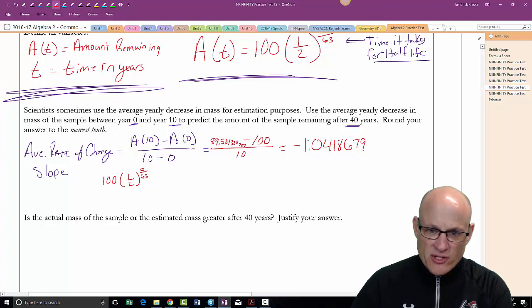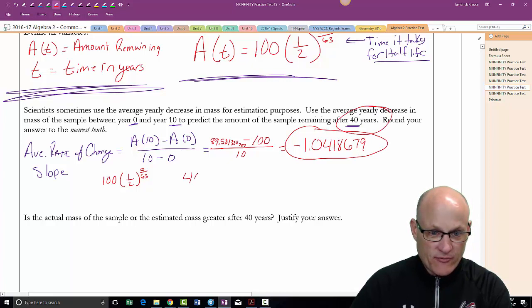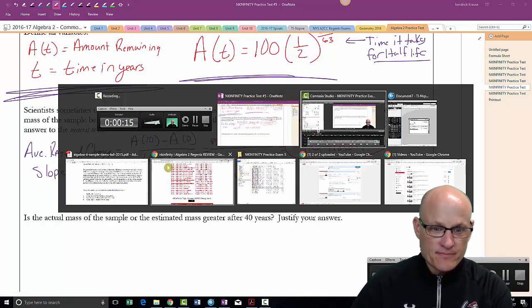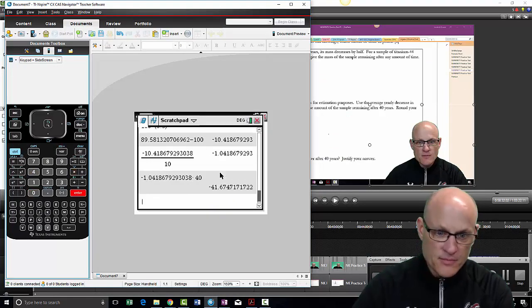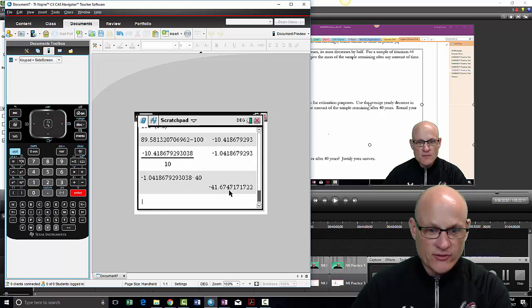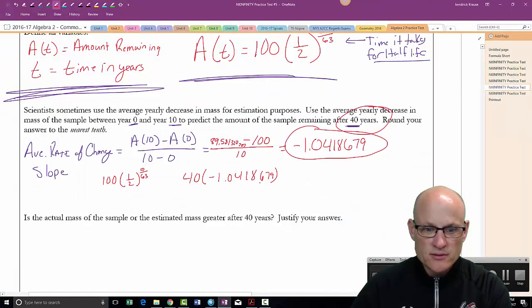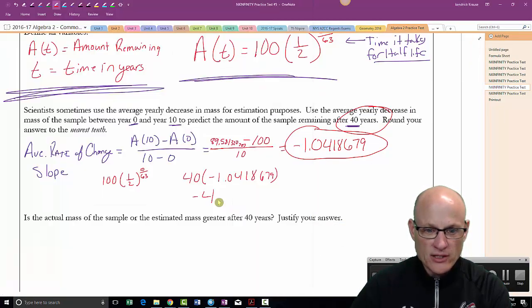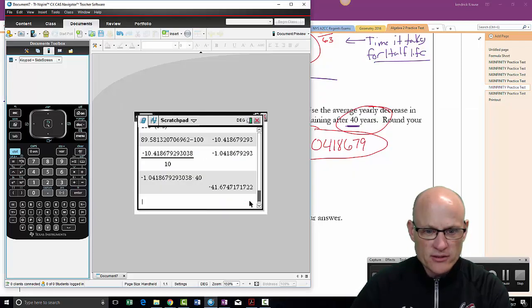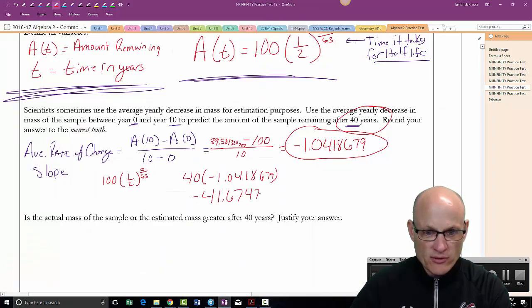All right, so if we're going to lose this much every year for 40 years, what we got to do is just take 40 and multiply it by negative 1.0418679 and we get negative 41.674717. So this is how much we're going to lose.